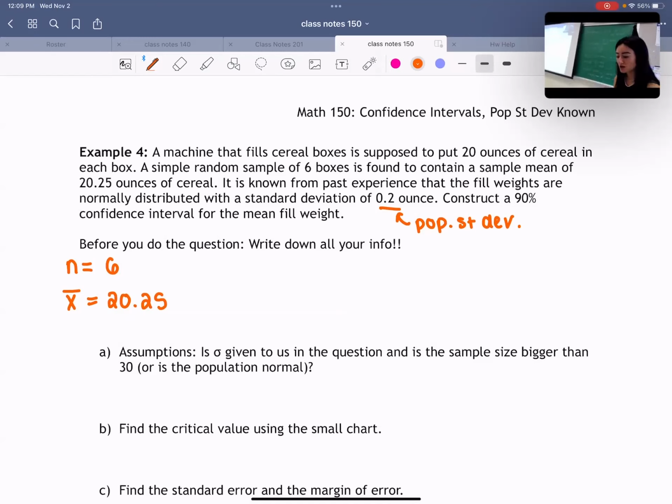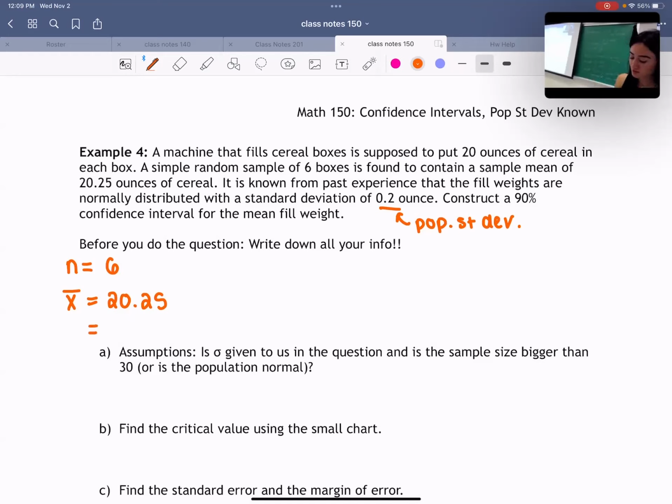Rule of thumb: if the standard deviation isn't in the same sentence as the sample, or right after we talk about the sample, then it's the population standard deviation. Here it's explained well after the sample, so definitely population standard deviation.